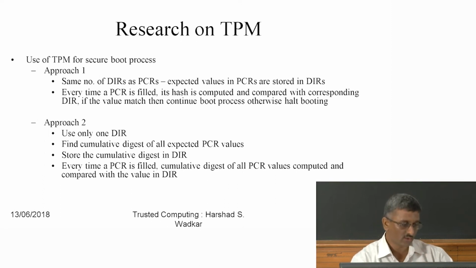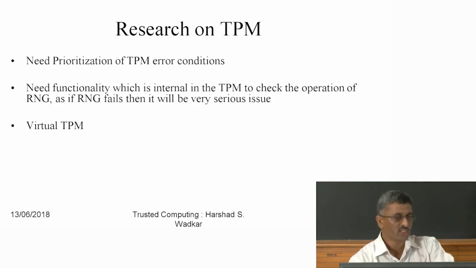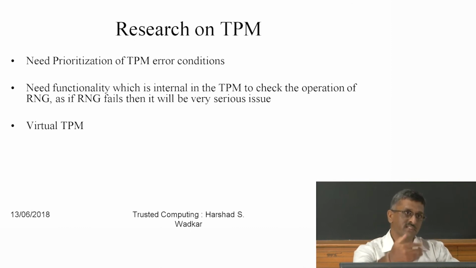So, a lot of work is happening in this part. Need for prioritization of TPM error conditions. If your static root of trust or dynamic root of trust is giving me failure notifications, there can be multiple exceptions or multiple errors reported.